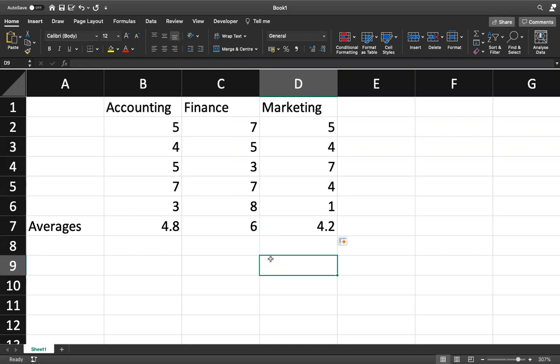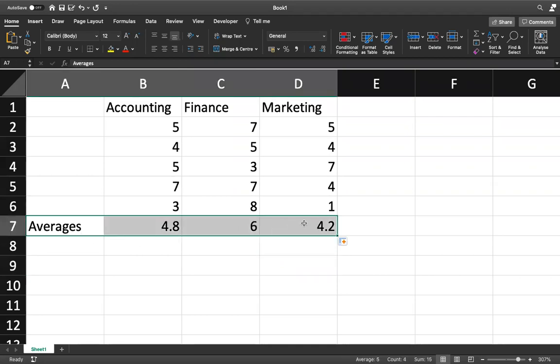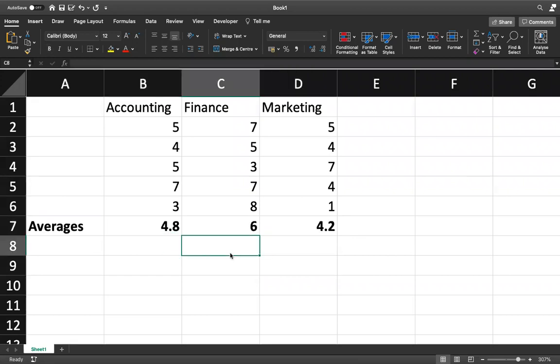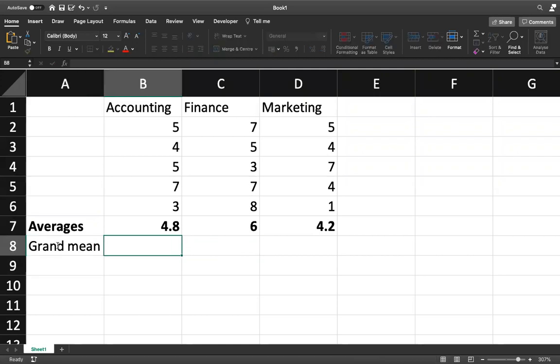Now that we have calculated the averages for the 3 groups, I can also determine what we call the grand mean. The grand mean is basically the mean for all of them.